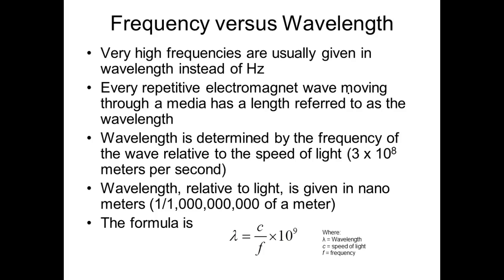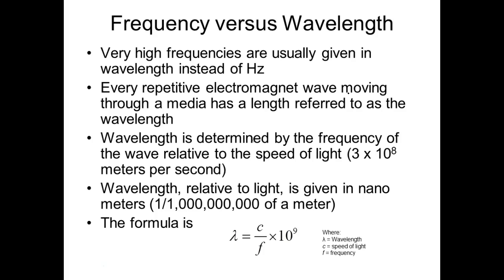Now, the way you calculate wavelength is determined by the frequency of the wave relative to the speed of light. Light is moving at 3 times 10 to the 8 meters per second. So this is what we do to get it into nanometers. We take our answer and multiply it by 10 to the 9, and this is going to convert it into nano, right? You understand that? Okay?